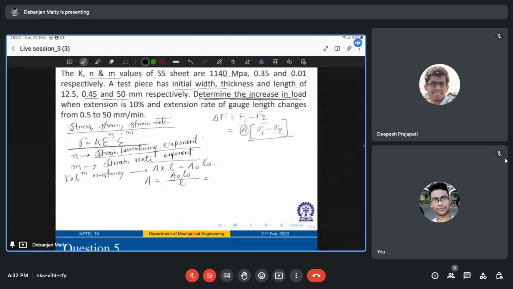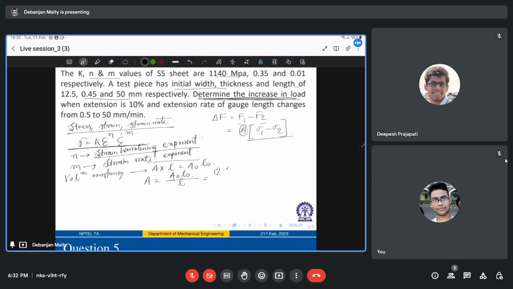So you have this A naught as 12.5 into 0.45. That into 50 divided by what will be L. So you have this extension as 10% extension. So 50 plus 50 by 10. So this is 55, correct?